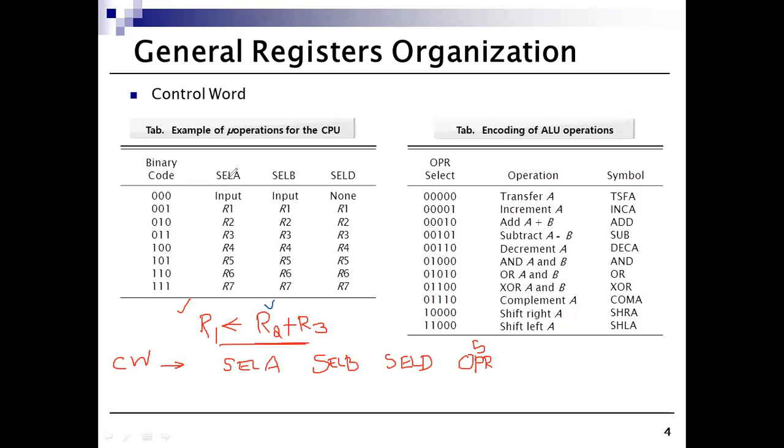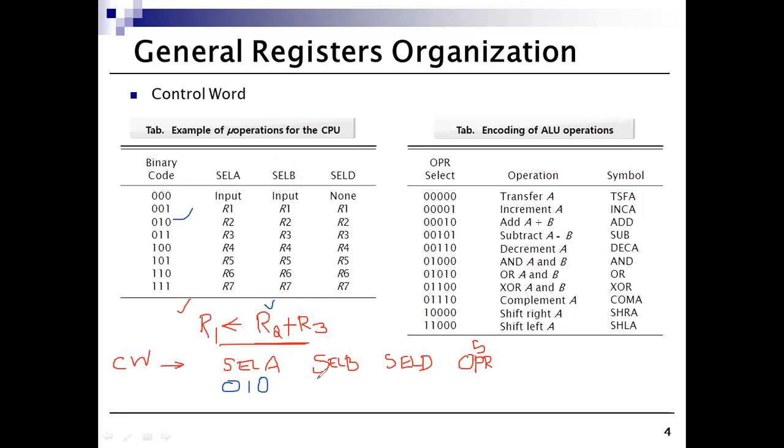SELA and SELB are the two input registers, R2 and R3. So SELA should be R2 first. R2 contents have to be copied onto the A bus as per the diagram. So the binary code is 010. Am I right? Yes, ma'am.